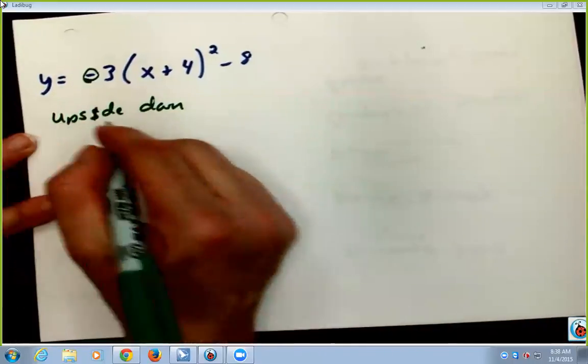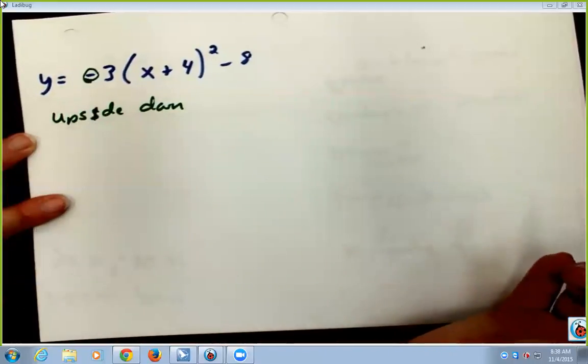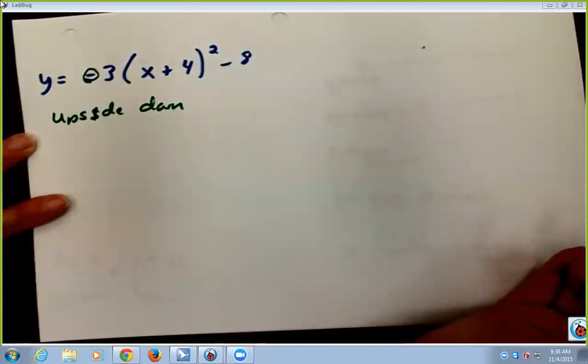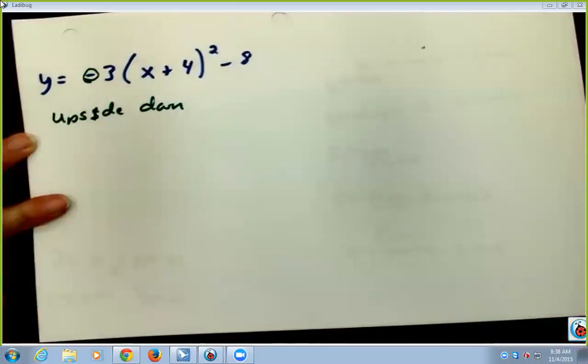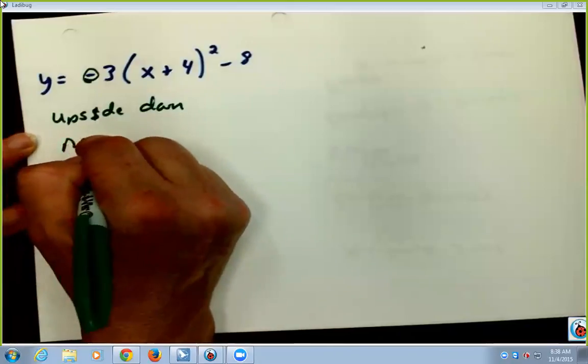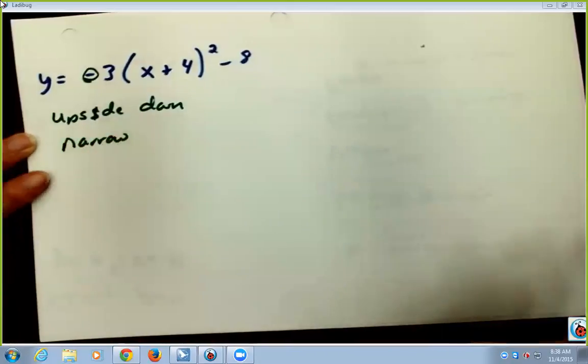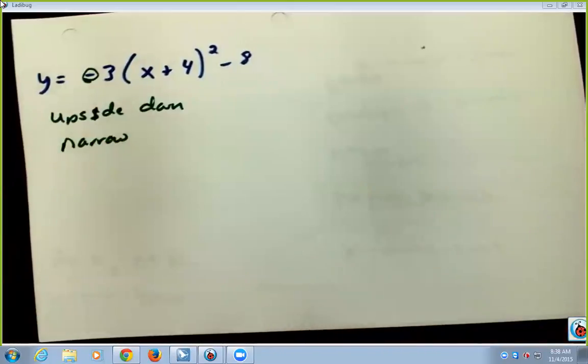Then we can find if it's narrow or wide. It's a 3 in there, and 3 is going to make it narrow. We get narrow.